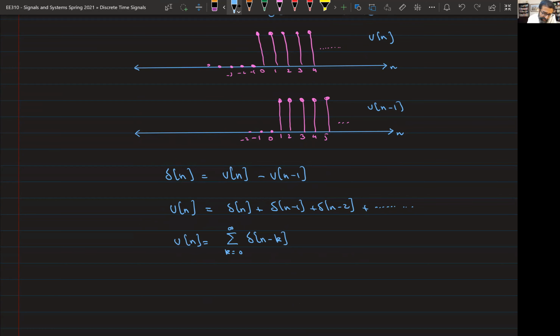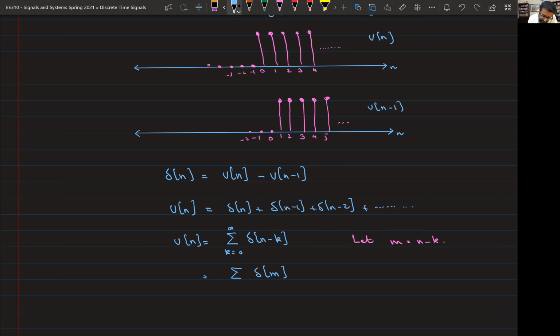I can manipulate this a little bit more. If I make a change of variables and say, let m equals n minus k, then what happens? The summation is over m, and when k equals 0, m becomes equal to n.